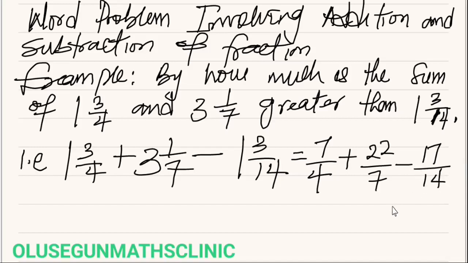So in having the LCM, the lowest common multiple of the 3 denominators is 28, because 4, 7, and 14 can go into 28.